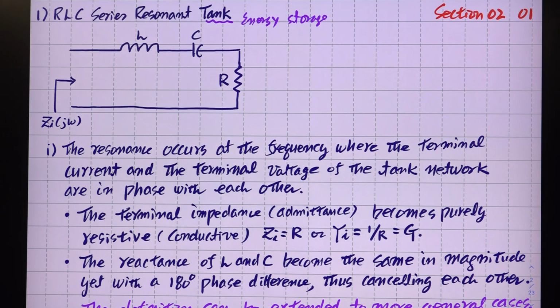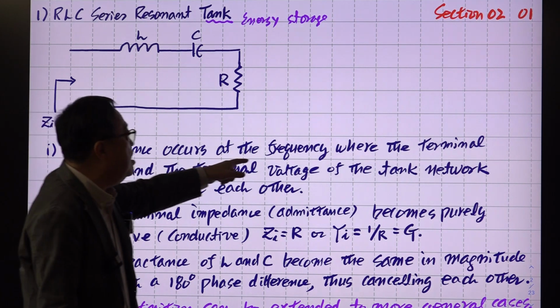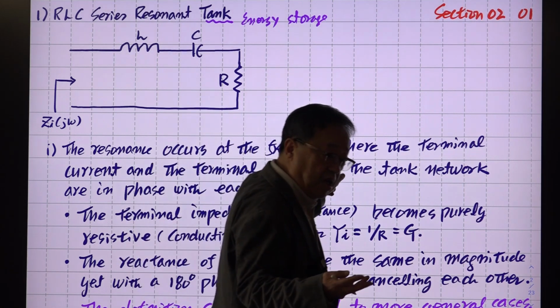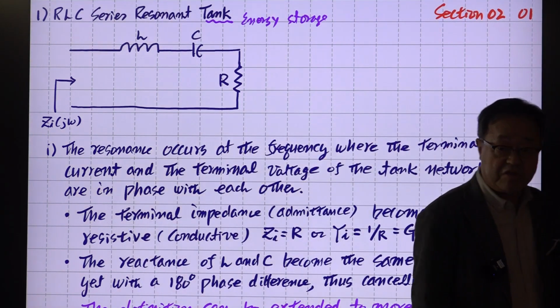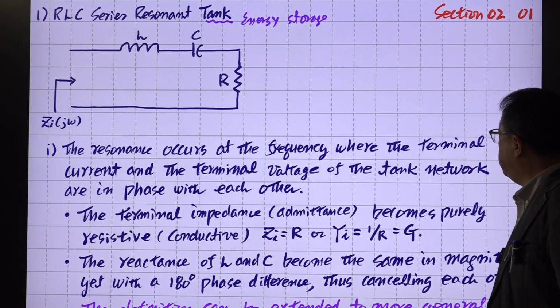There are different interpretations, so I went through several books and picked one definition. We are talking about series resonance here because this structure is in series. The frequency where resonance occurs we call the resonant frequency.